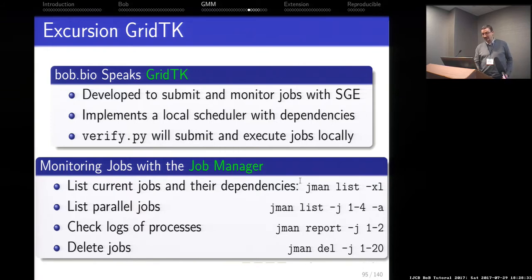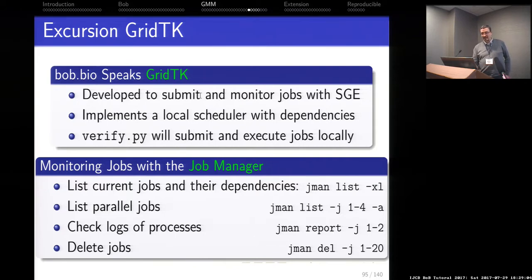The idea of grid decay is that you monitor jobs that are submitted to a SunGrid engine, because at EDUP they have a SunGrid engine, where they distribute jobs between different machines. And the idea is that you submit these jobs with the verify.py, and then you have this job manager grid decay to actually monitor what is going on.